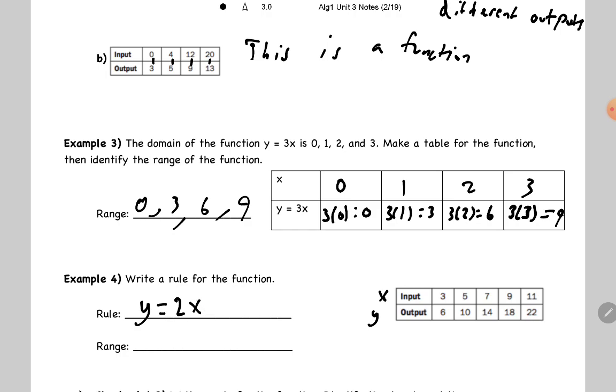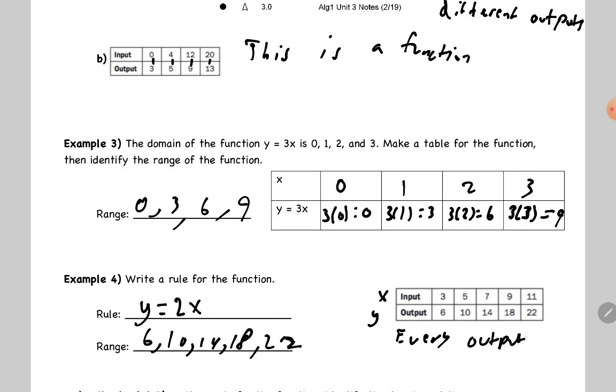So my range, once again, 6, 10, 14, 18, 22. That's just all my y values. Every output is twice the input.